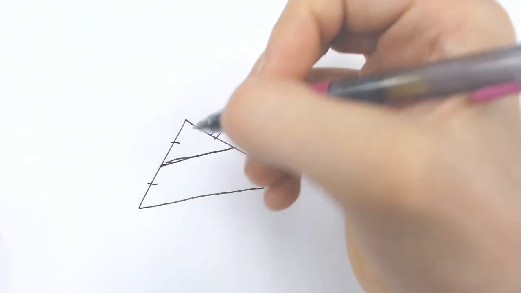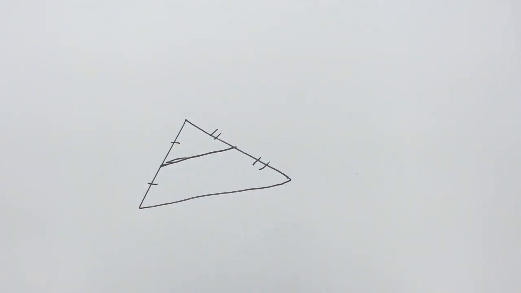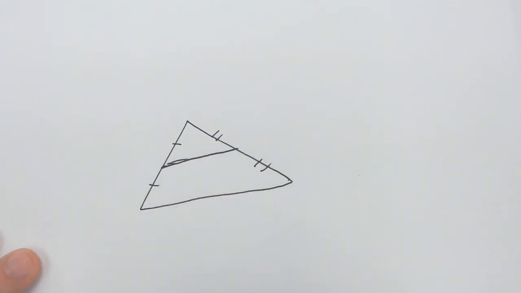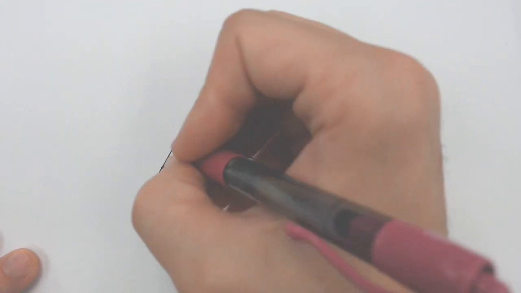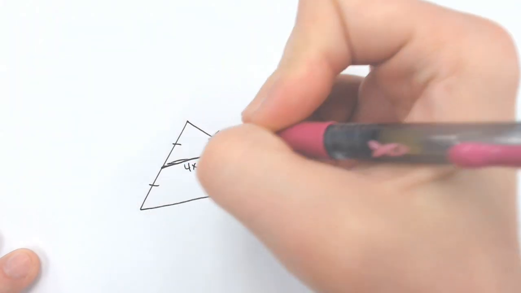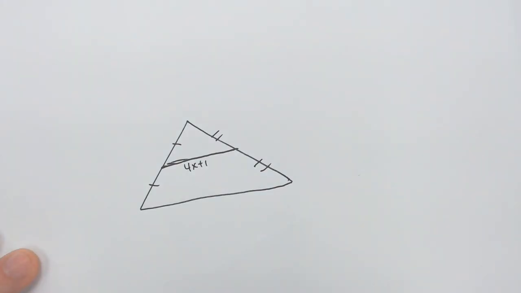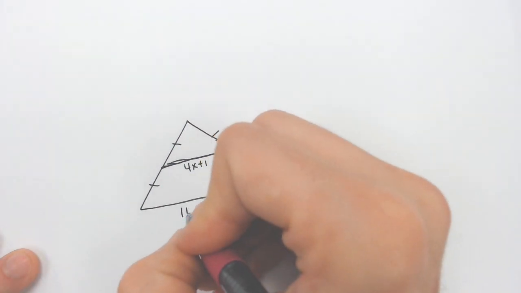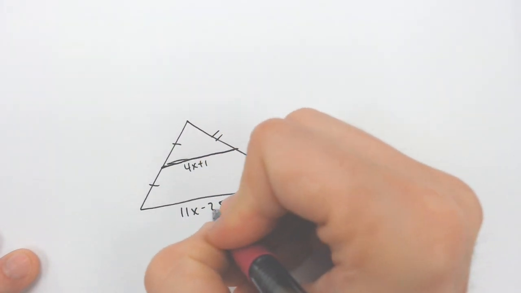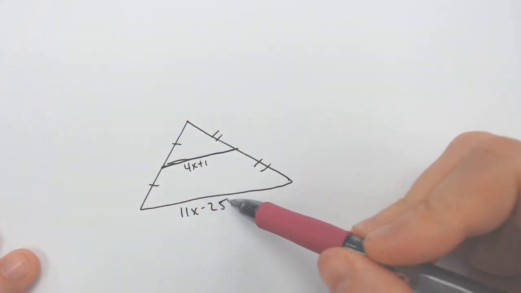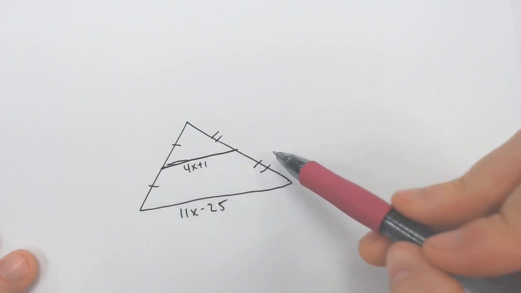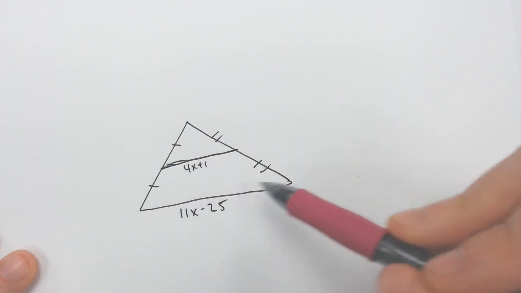If I told you that this guy right here was 4x plus 1, and I told you that the bottom line was 11x minus 25, we would need to think about the relationship between this mid-segment and that bottom segment right here.